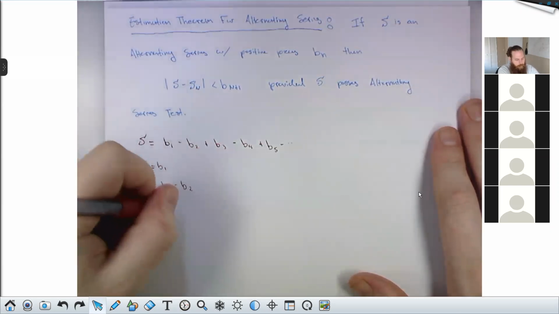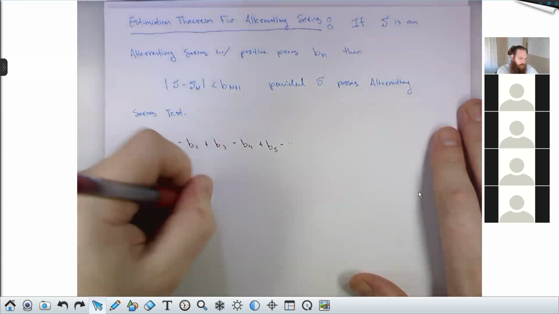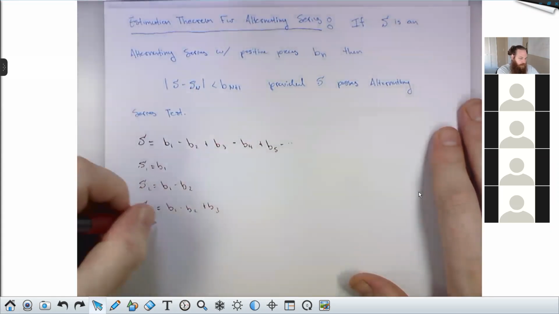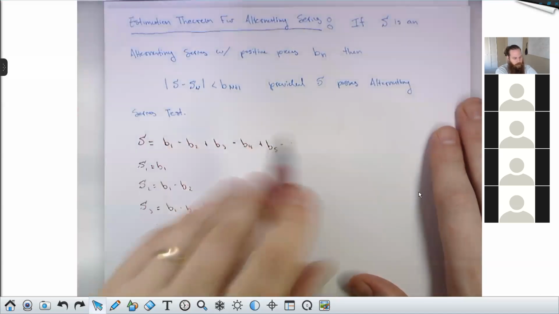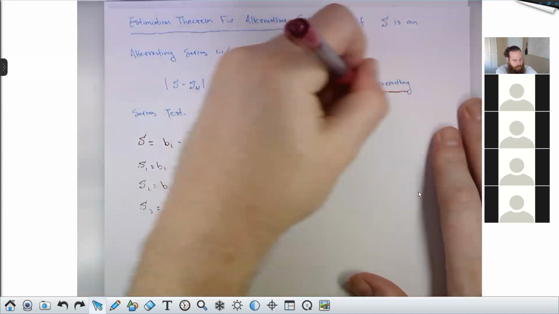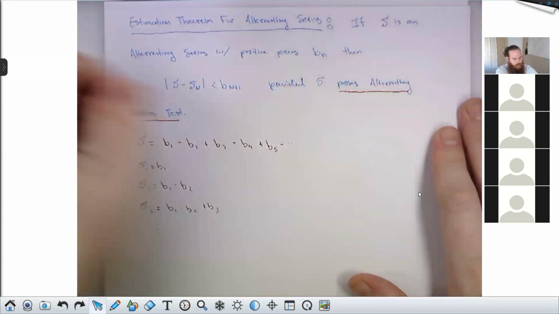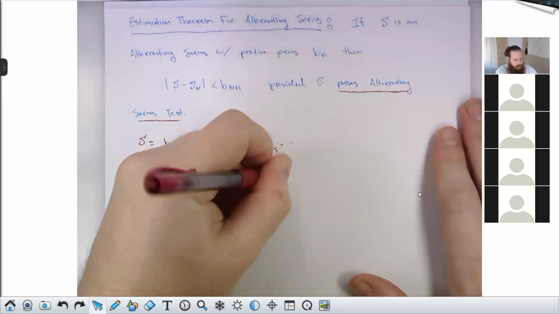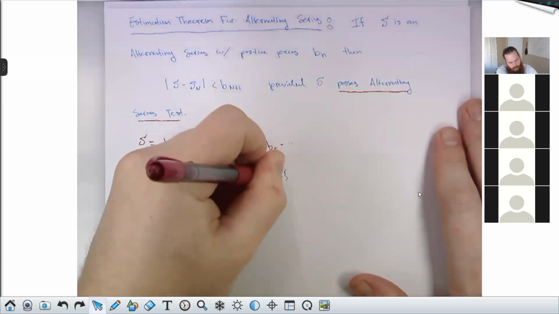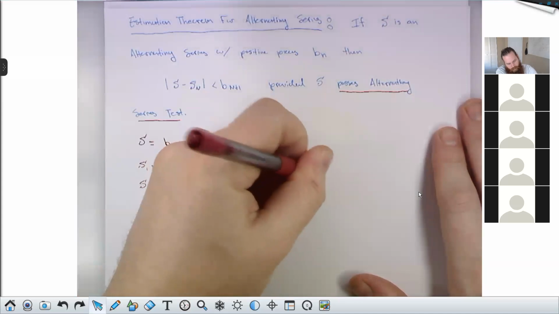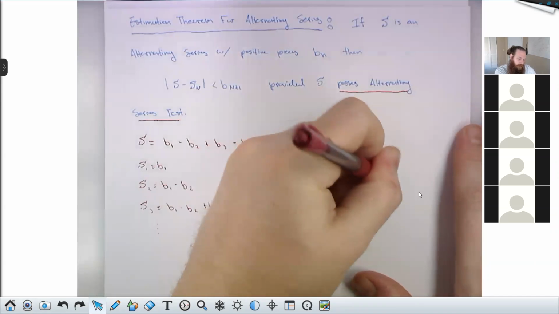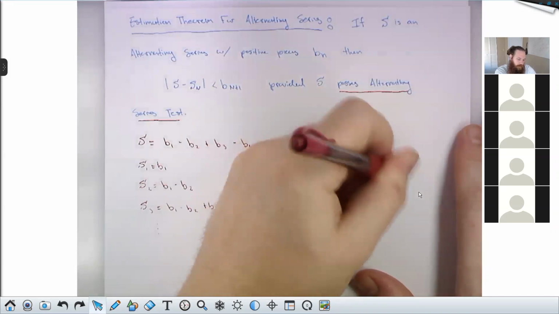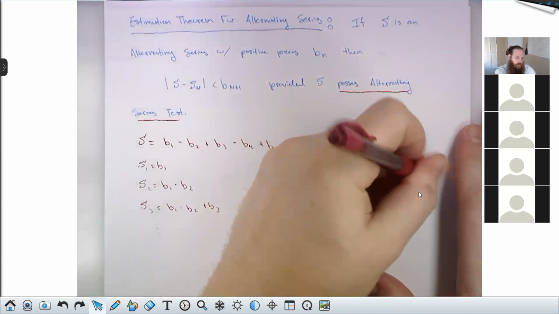S3, the third partial sum is B1 minus B2 plus B3, and so on. And remember, there's 2 things that we know are true because we passed the alternating series test. The Bns are decreasing. And the limit as n goes to infinity of the Bns is 0.